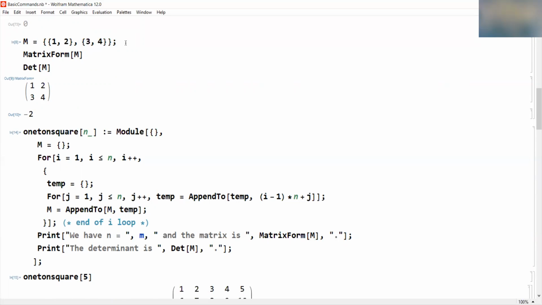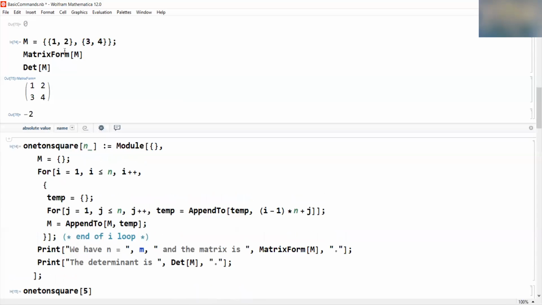When you look at this, brace, brace, 1, 2, brace, 3, 4, brace, brace, does that look like a matrix to you? No. So Mathematica has this nice thing called MatrixForm, and when you put something in MatrixForm, it displays it as a matrix. And then Det, what do you think Det calculates? The determinant. So you can do a lot of these things very easily.